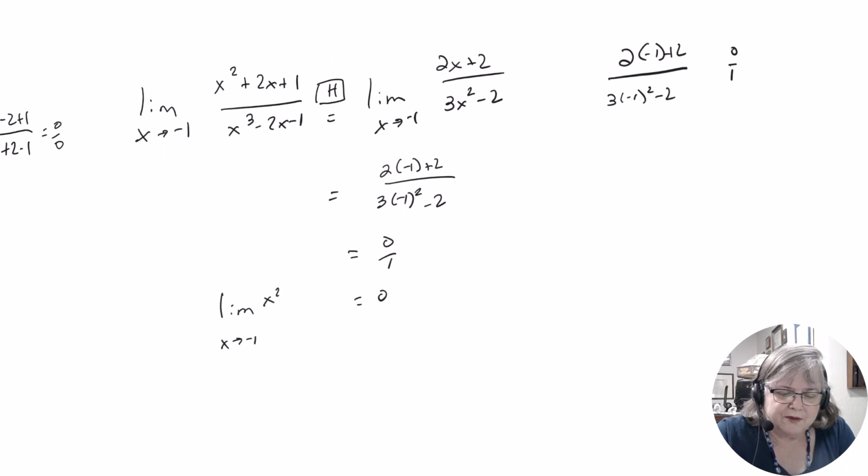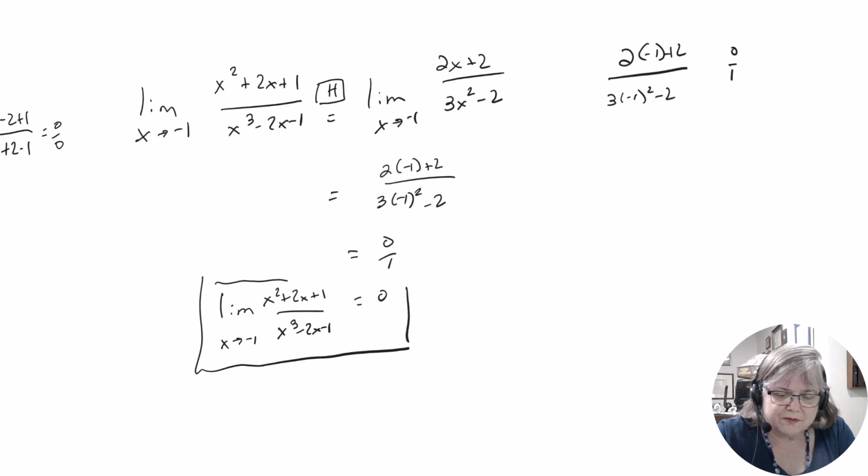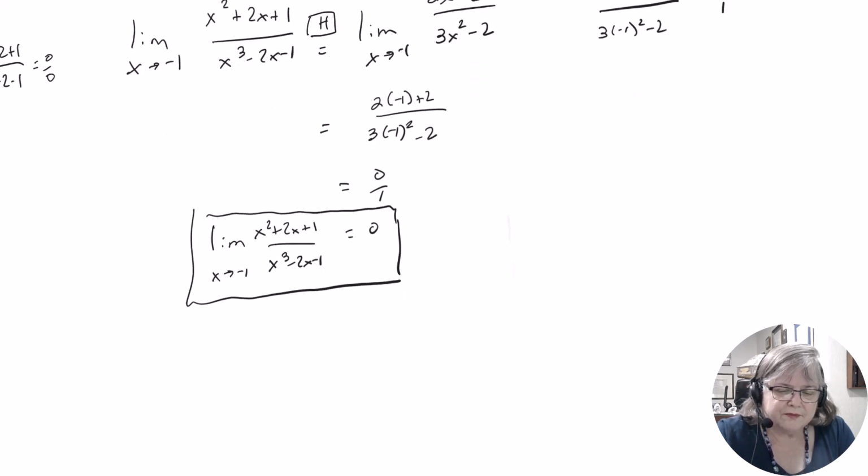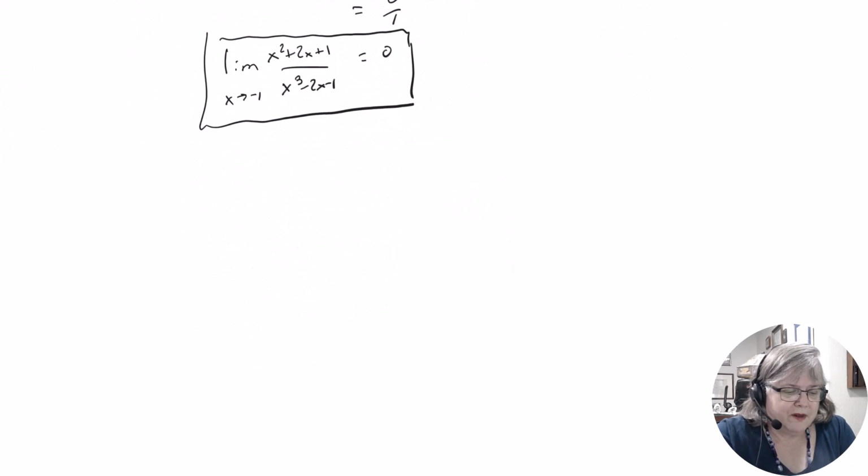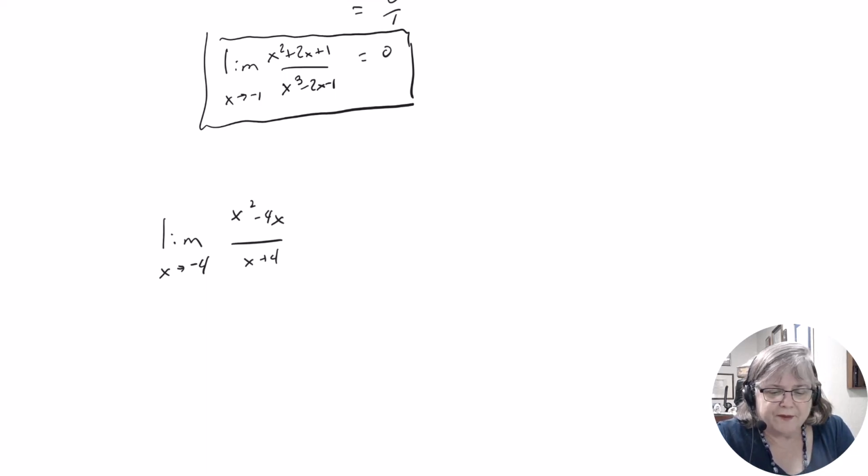As opposed to, right, what if you have the limit as x goes to -4 of x squared minus 4x over x plus 4, right?